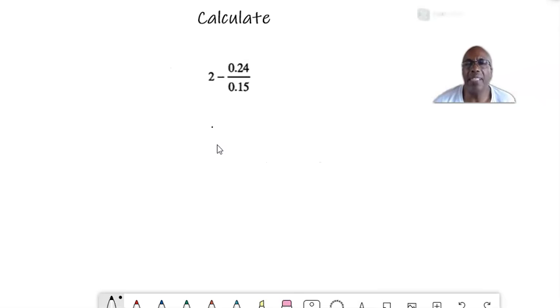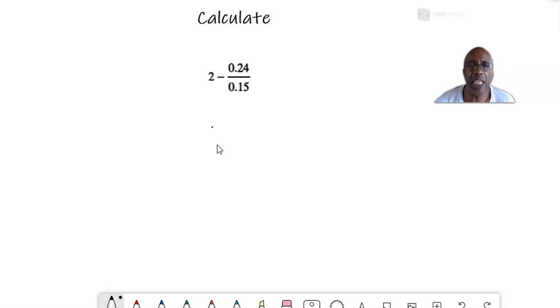In this first example, we have to calculate 2 minus 0.24 over 0.15. So the first thing is to understand exactly what you need to calculate. You are subtracting 0.24 over 0.15 from 2.